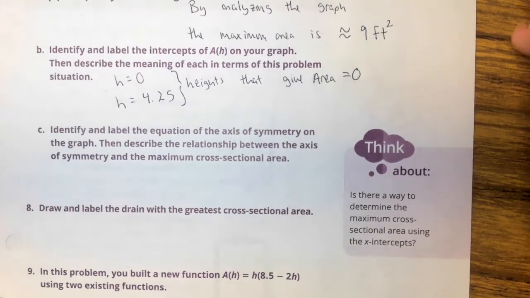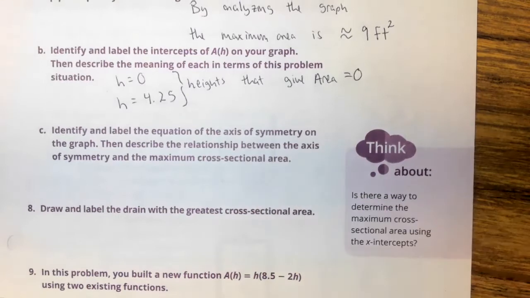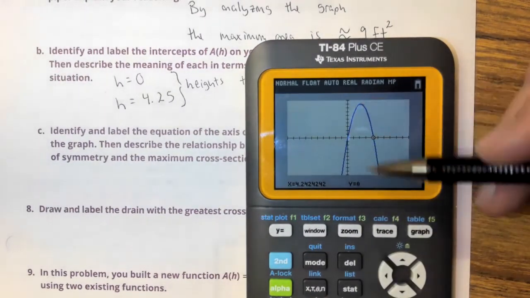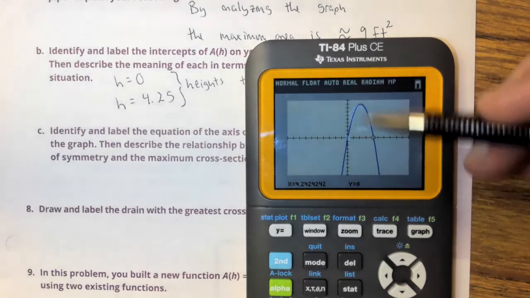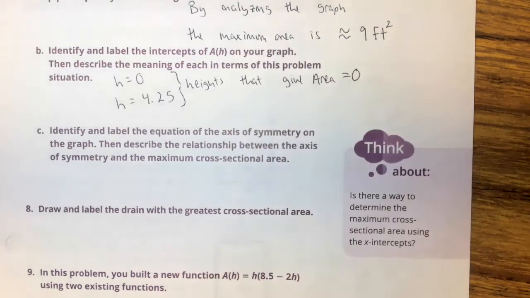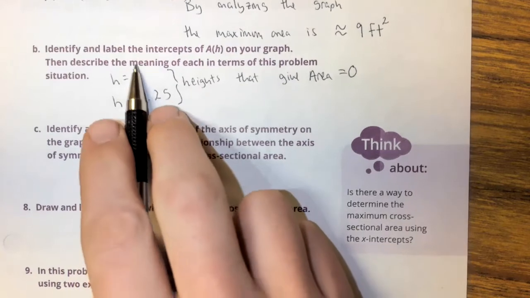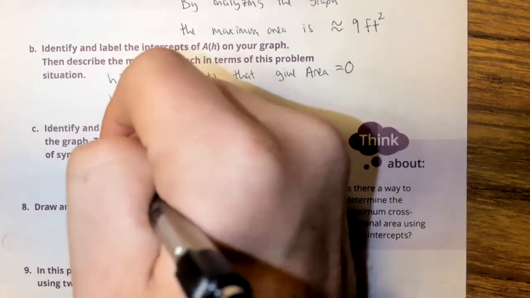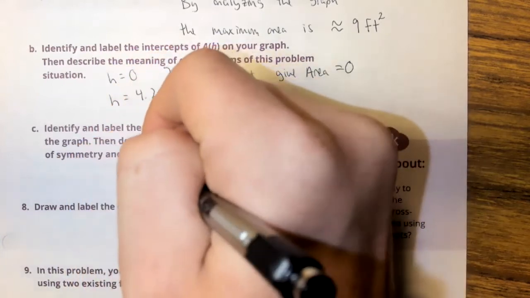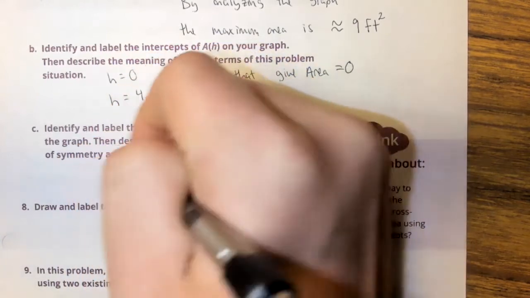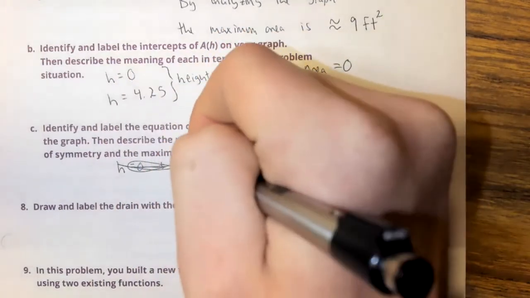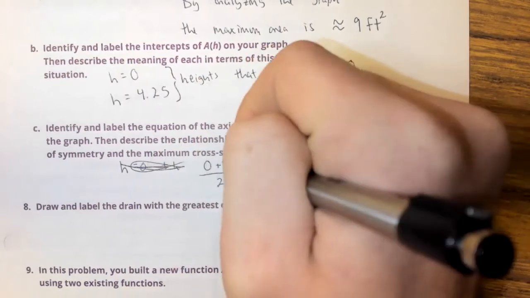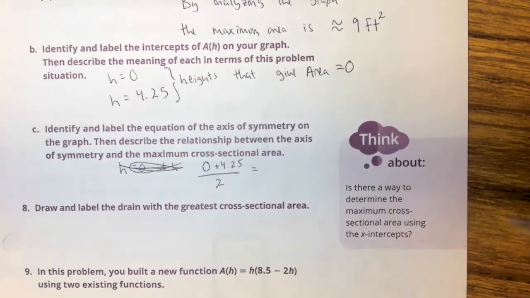Identify and label the equation of the axis of symmetry. So that should be pretty easy. The axis of symmetry, going back to your graph, is going to be cutting the parabola exactly in half. An easy way to find the axis of symmetry when you have the intercepts is just add them together and then divide by 2.